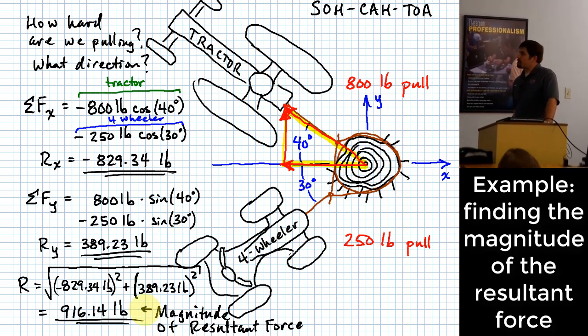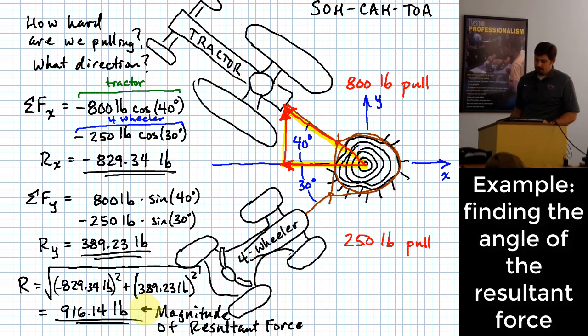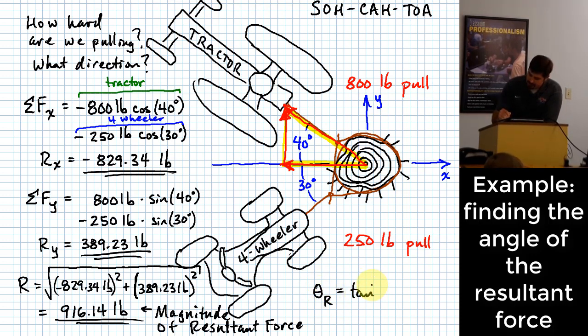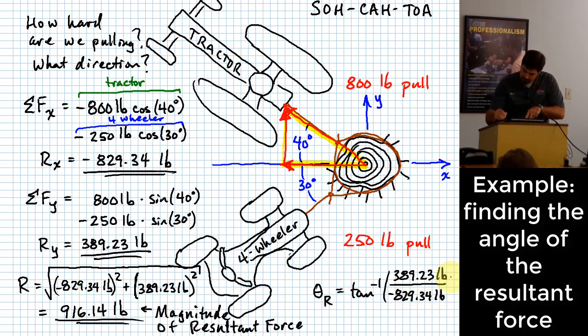All right, now what about the direction? We can say that theta of the resultant vector is equal to the inverse tangent of Ry, which is 389.23 pounds, over Rx, which is negative 829.34 pounds.